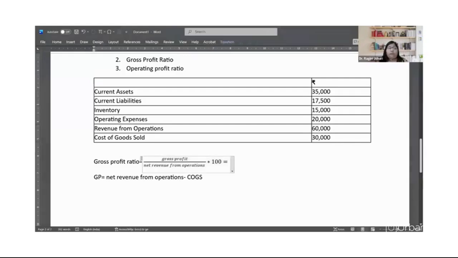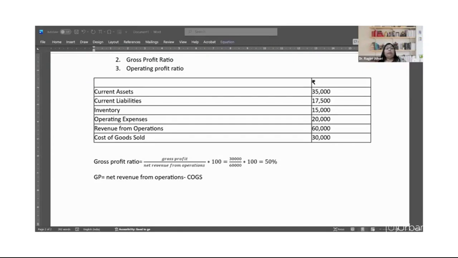So let's use these numbers here. This is 30,000 divided by net revenue from operations, given to us as 60,000, multiplied by 100. So how much do we get? It is 50%. Okay. So what do we conclude? What do we interpret from here? That is, gross profit is 50% of the net revenue from operations.